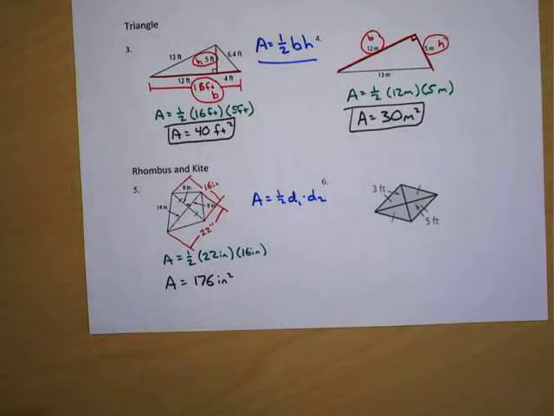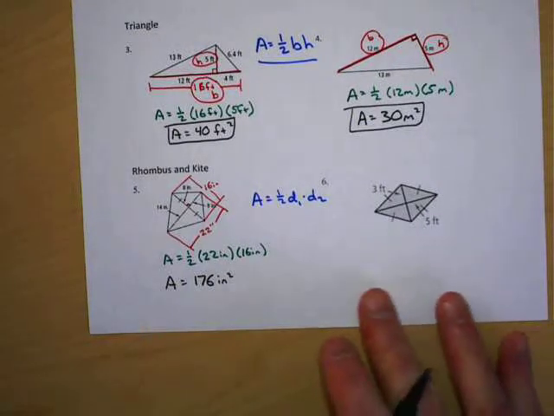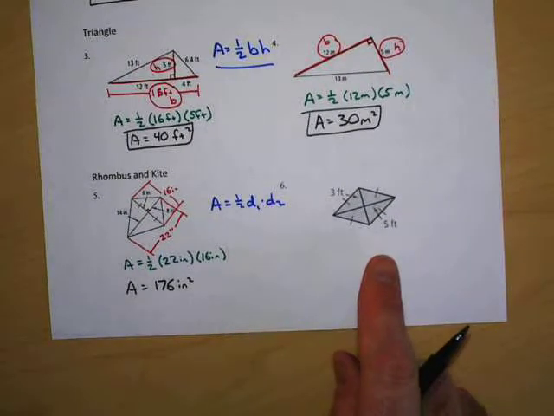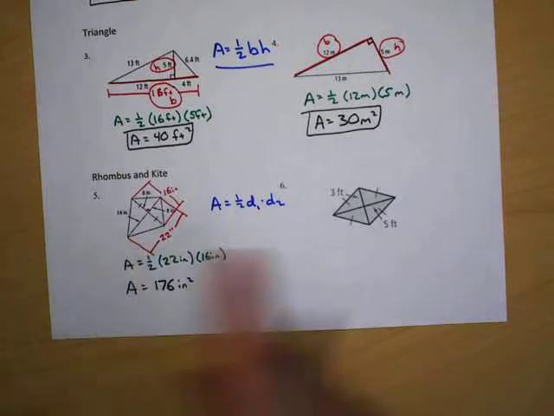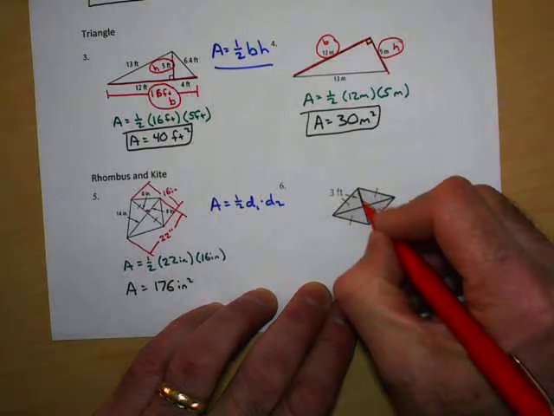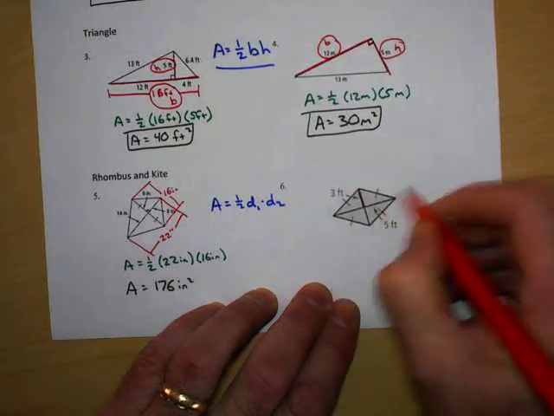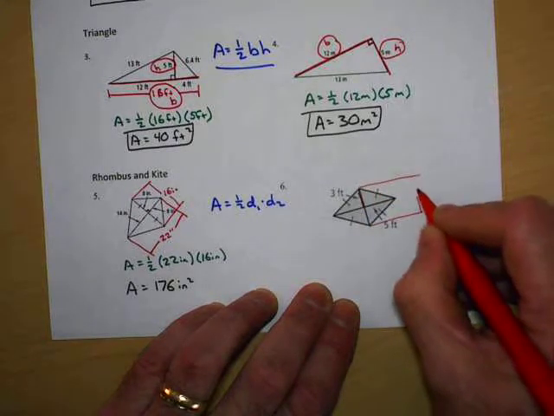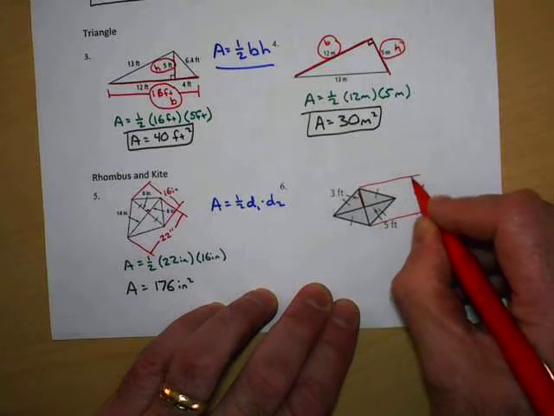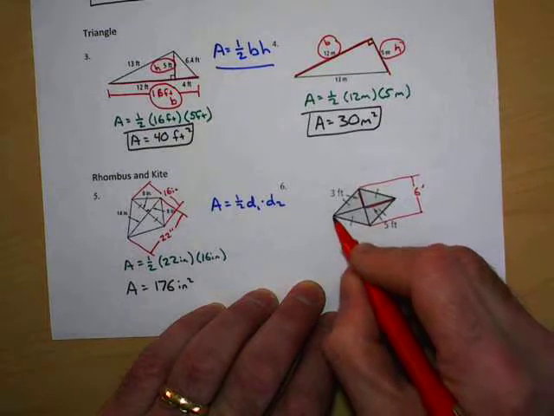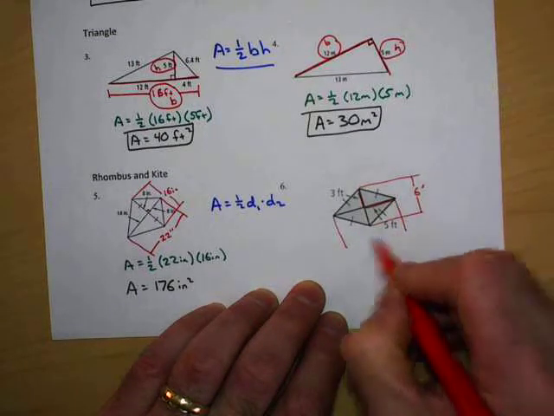Now the last one on this side, and I'm going to take a little break after that. On this rhombus, this was a kite, this is a rhombus. That arrow is indicating that this 3 feet is this length, which makes that whole thing twice that. That makes that 6 feet. And if this length is 5 feet, this whole length will be 10 feet.